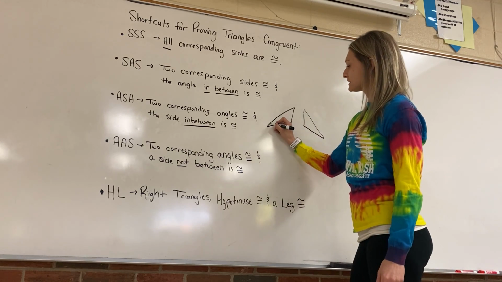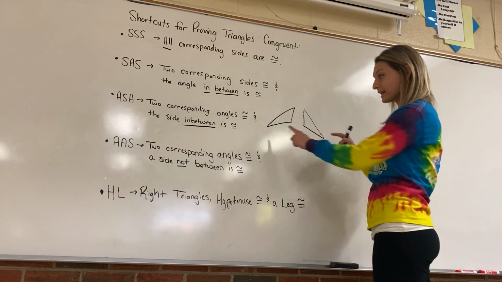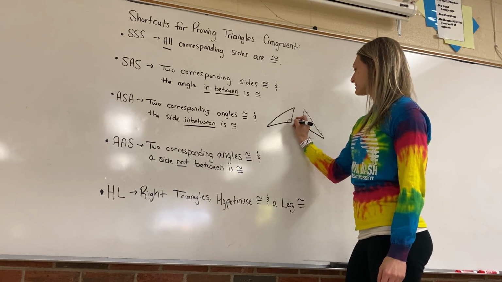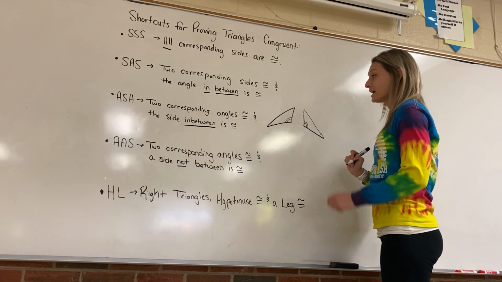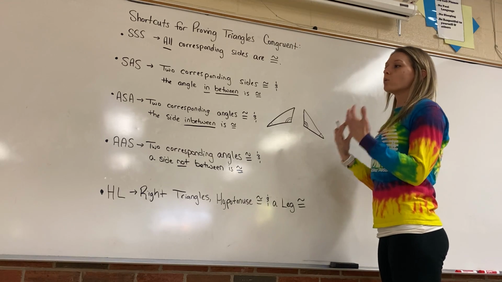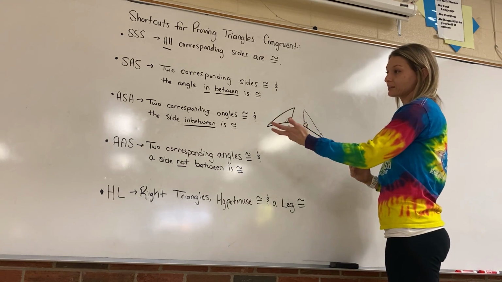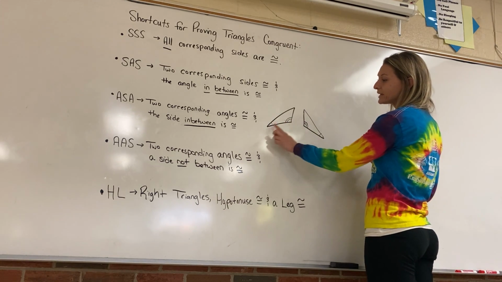So if I tell you that that angle is equal to that angle, that's 1 angle in each that's congruent. If I tell you that this angle is equal to that one, so they have the same measure, that's 2 angles. So now which side would they have to show me is congruent in order to say that they're congruent? Okay, well, it has to be the side that's between those 2 angles.